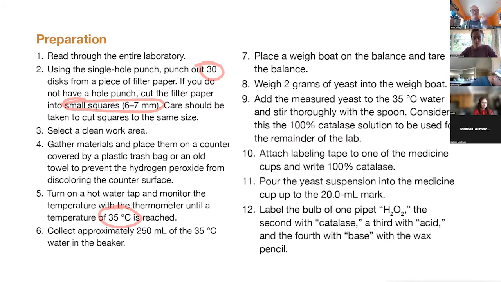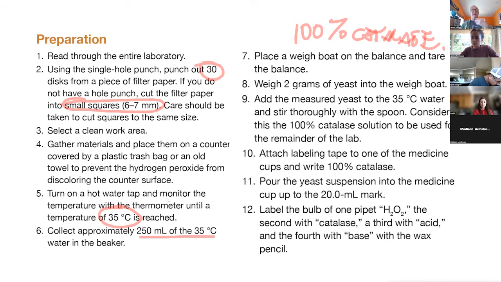So you want to have a hot water tap, get it to about 35. So you have about 250 mils of that in the beaker, and then put 2 grams of yeast in there. That's going to be your 100% catalase solution.